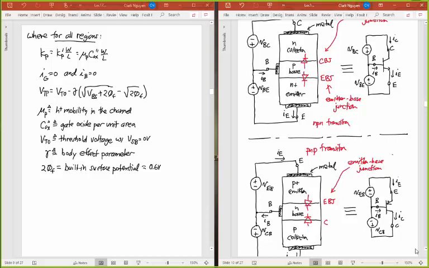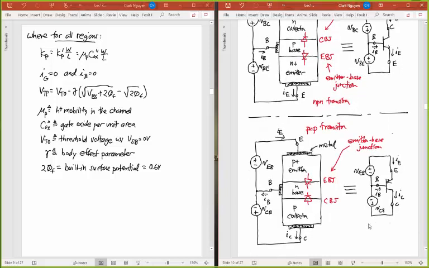And down here, that's going to be my collector base junction. And that summarizes then my PNP transistor.